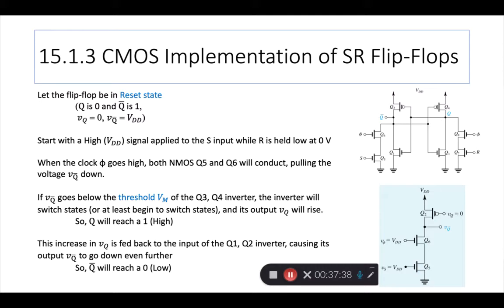And what is a stable state? It was previously at reset, now it goes to set, which means the Q will be at 1 and Q bar will be at 0. So essentially we have pushed the latch from being in reset to being in set. And set means Q is high, Q bar is low.